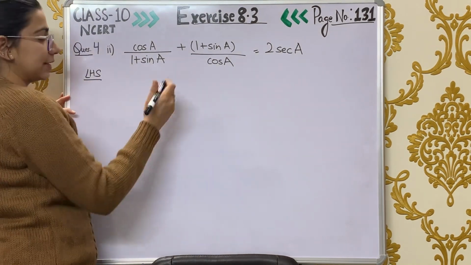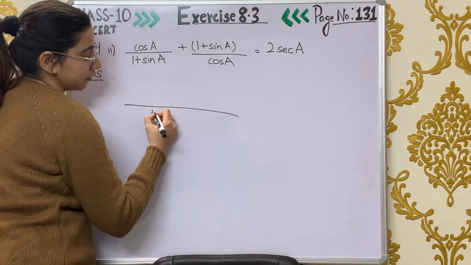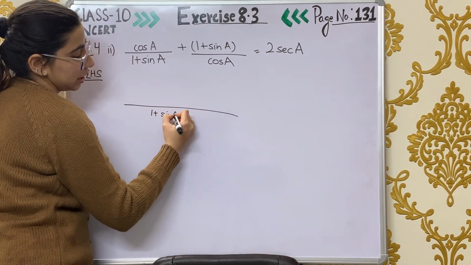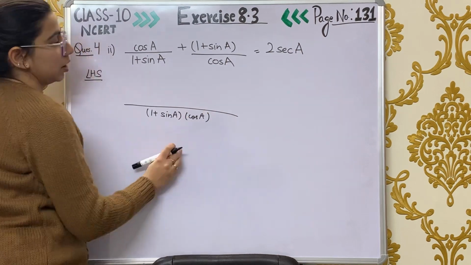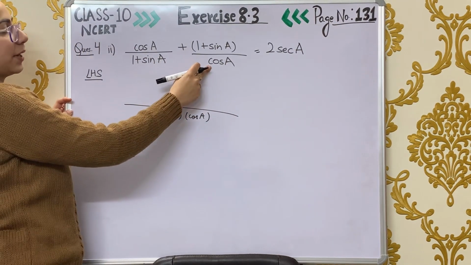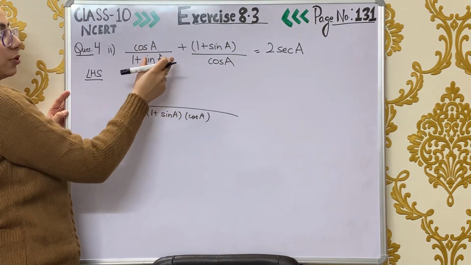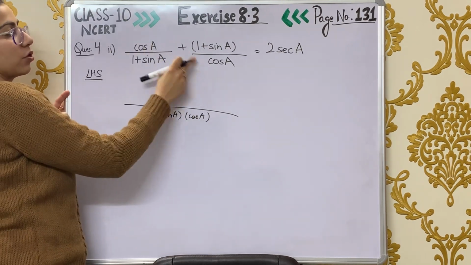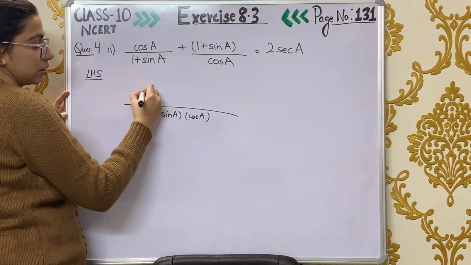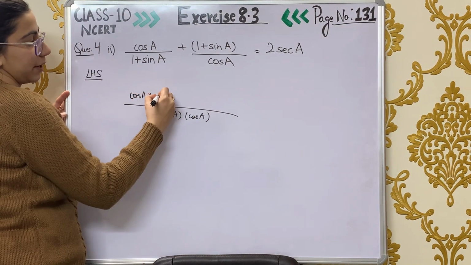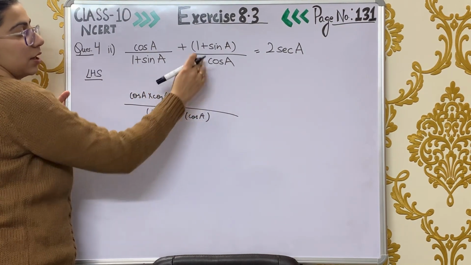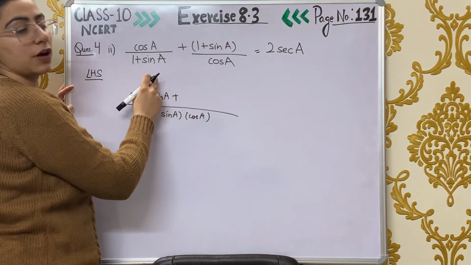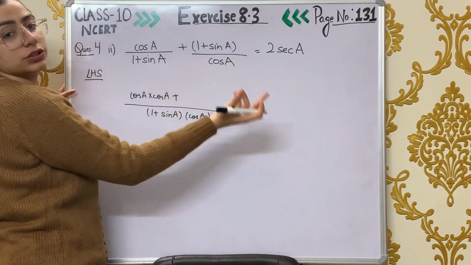Let's take the LCM. We get it as 1 plus sin a into cos a. Now we would need to multiply this numerator with cos a, because in denominator we just have 1 plus sin a. So we multiply cos a into cos a, plus, and here we would have to multiply with 1 plus sin a because we just have cos a in denominator.